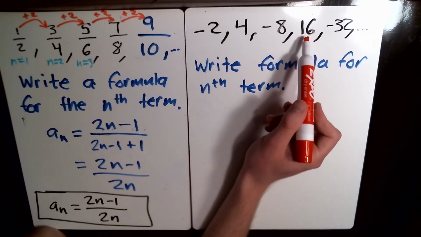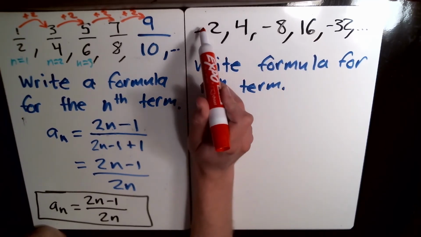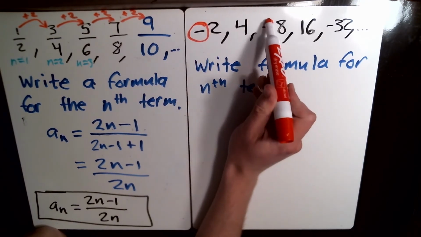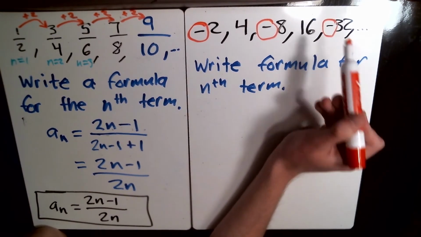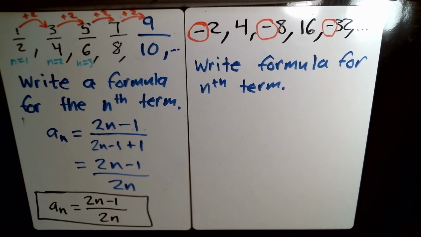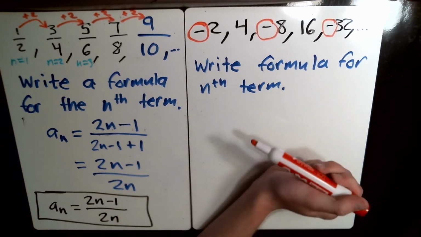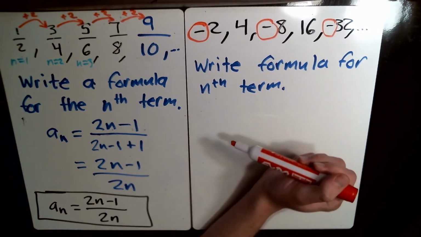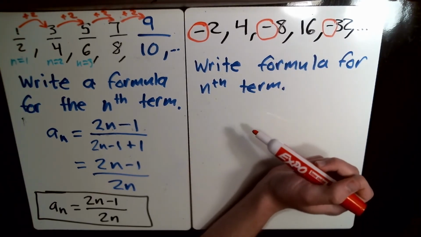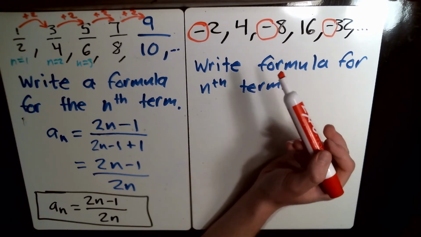Then positive 16. So you'll notice there's a negative every other term in this, right? It keeps flipping back and forth between negative and positive, okay?